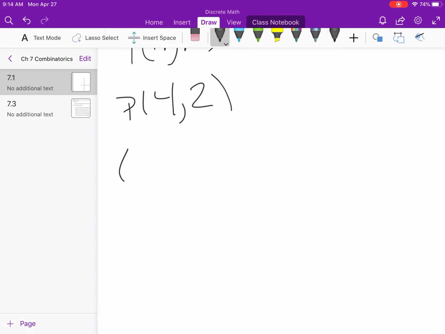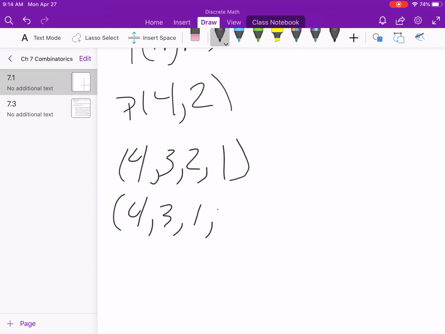Let's say I've got the set, or I guess this is an n-tuple. Let's go 4, 3, 2, 1, because I can list out all of these. And notice I also have this 4, 3, 1, 2. So in the definition of this, this is actually equal to 4 factorial divided by 4 minus 2 factorial.